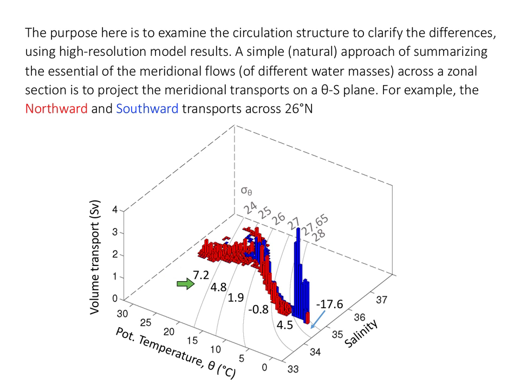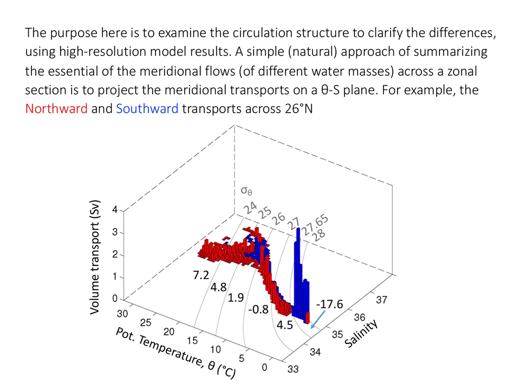The black numbers here are the transport within the density ranges. So these give you an overall picture of the magnitude of the northward and southward flow of each water mass.